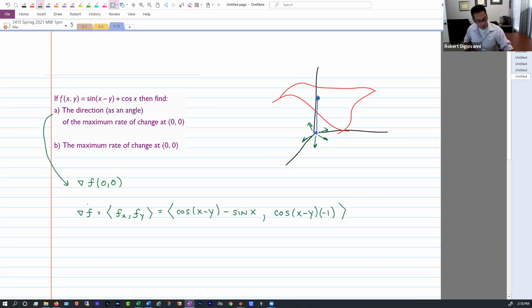Now all we need to do is take that gradient vector and plug in 0 for x and 0 for y. When we plug in 0 for x and y, we get cosine of 0 minus sine of 0, and then cosine of 0 times negative 1. Cosine of 0 is 1, sine of 0 is 0. So I get 1 here and negative 1 there.